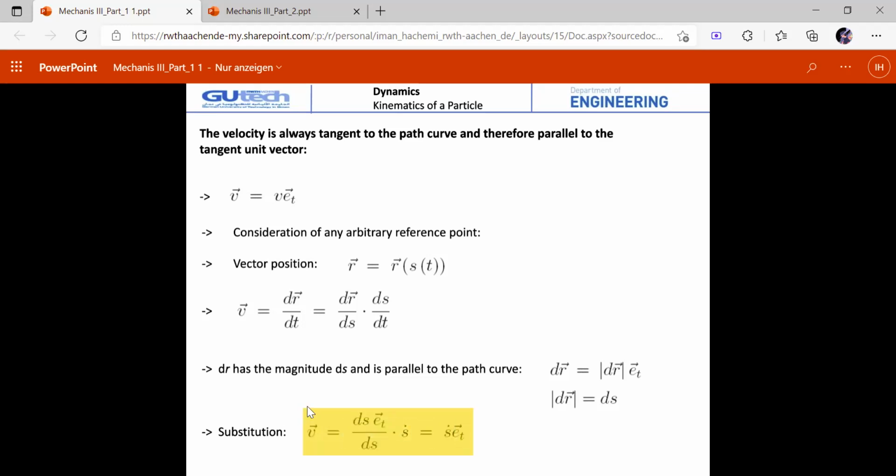As I said, keep it in mind, the velocity vector is always tangent to the path, and it's only the projection of the distance s on the tangential direction, s dot projected in the tangential direction, and this is only the velocity.